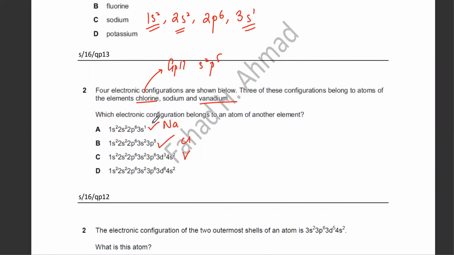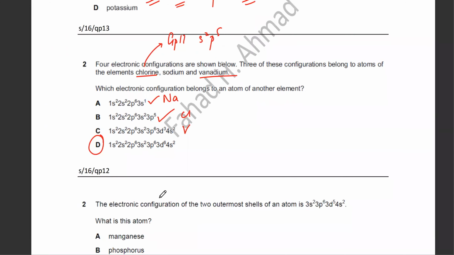And he was asking to figure out the electronic configuration which belongs to an atom of another element. So the only option left is D, because we've been able to figure out all the other electronic configurations. Remember, for questions like these, you're going to waste a lot of time. You have to be very quick in your MCQs.